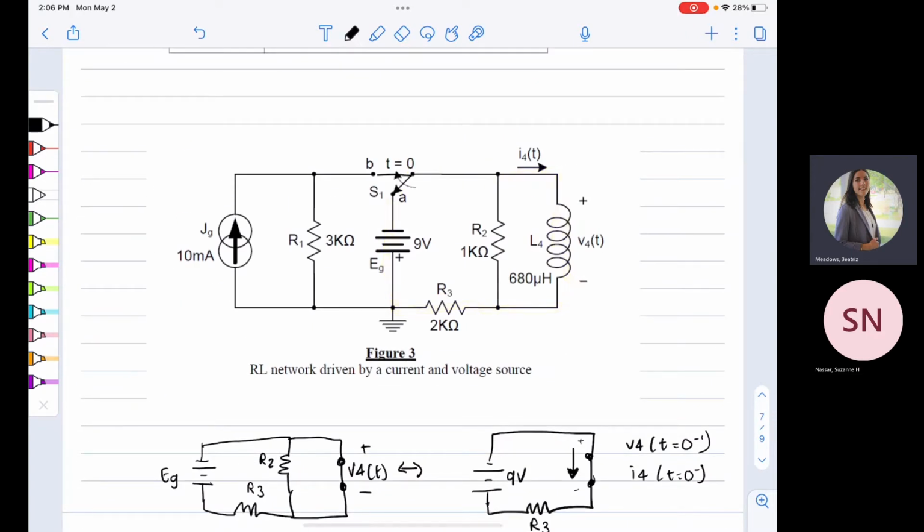So now our switch is here, and this goes away. So our network is going to be this. Make sense why that's our network? Okay.